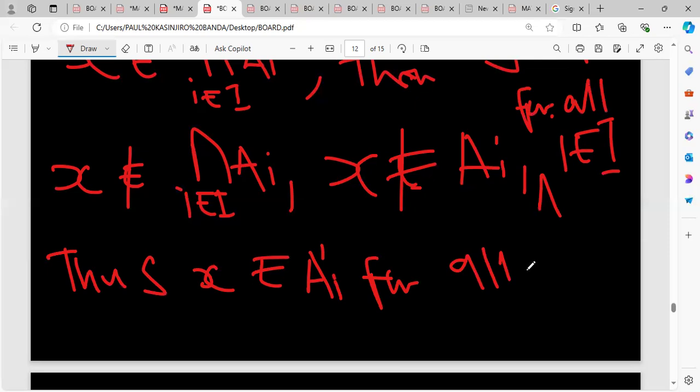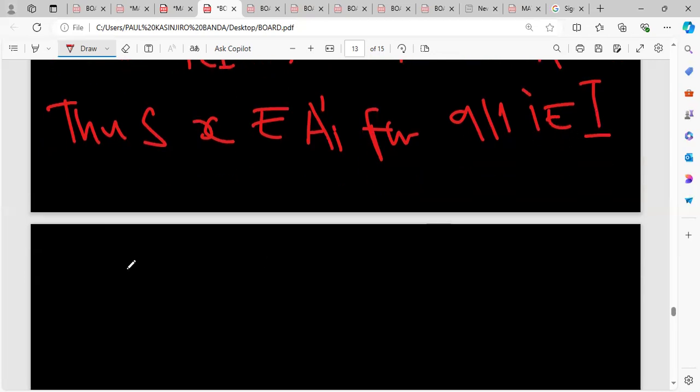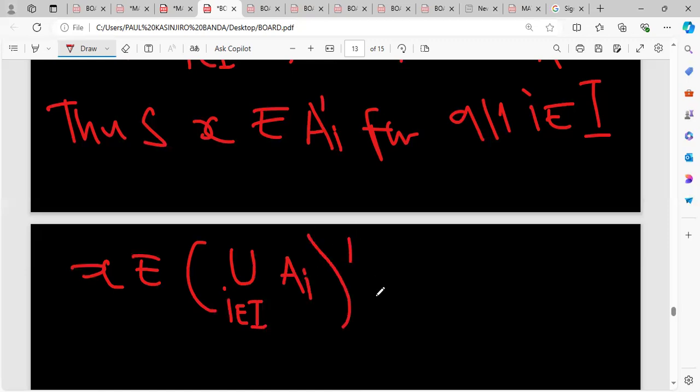So this can turn into the union, because we are saying X is a member of the complement of AI for some I's in the indexing set, meaning that X is actually a member of the union of all these complements of the indexing set, like that.